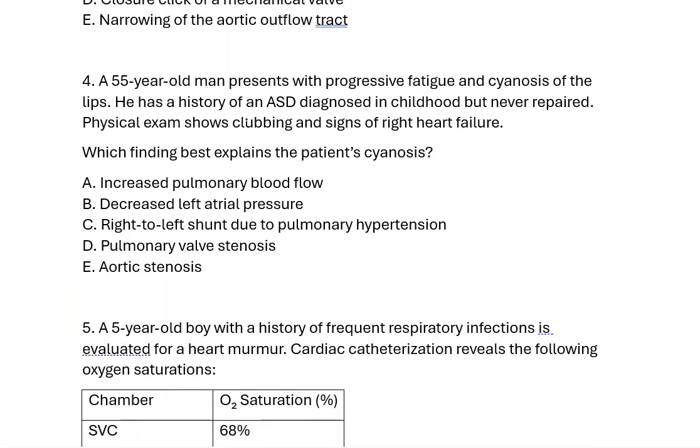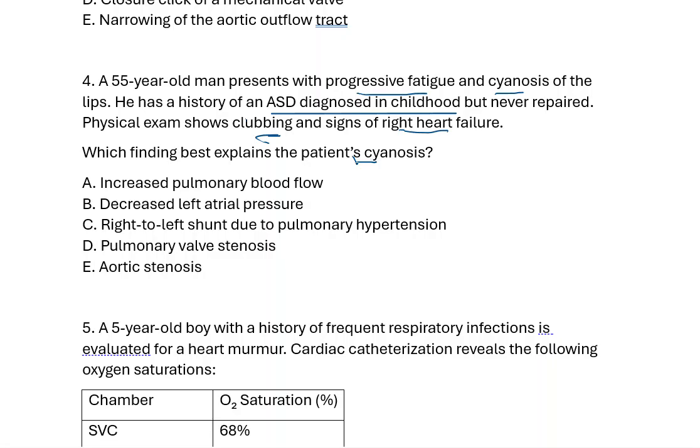A 55-year-old man presents with progressive fatigue and cyanosis of the lips. The patient has a history of ASD that was diagnosed in childhood and never repaired. And a physical exam shows clubbing and signs of right heart failure. Which of the following best explains this patient's cyanosis? So that means now that the patient is having cyanosis, it's going to be a what? A late cyanosis.